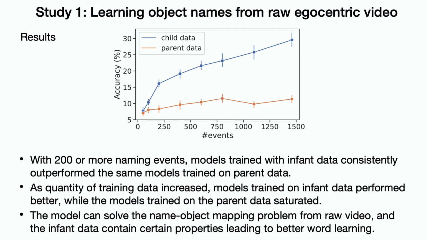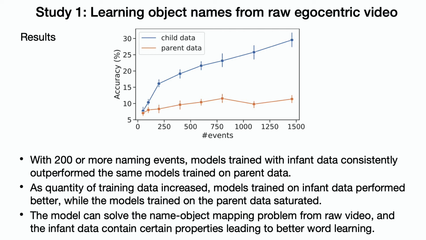Here are the results of study 1. The y-axis is the accuracy on the test data, and the x-axis is the number of naming events. The blue line represents the child view, and the orange line represents the parent view. With 200 or more naming events, models trained on infant data consistently outperform the model trained on parent data.